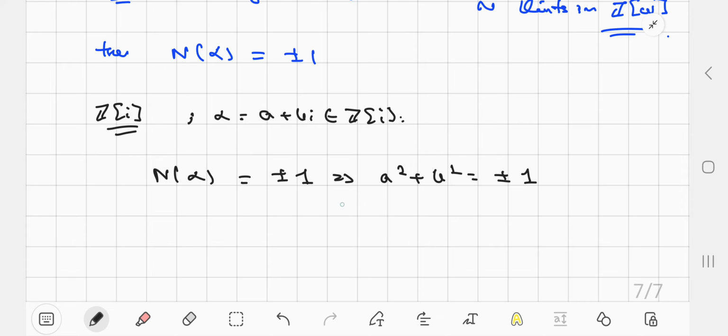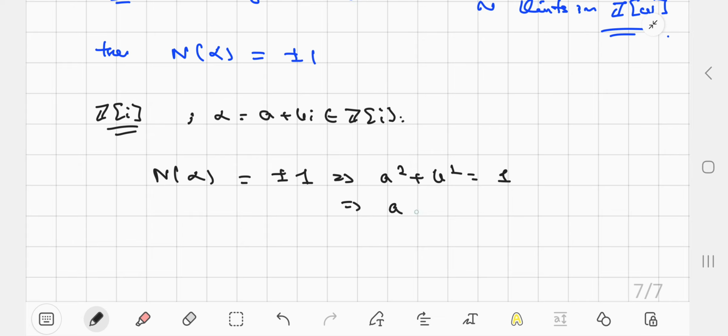But for a square plus b square to be plus or minus 1, now it cannot be minus 1 at any cost, because a is coming from integers, b is coming from integers, so their squares will be positive. Clear enough?